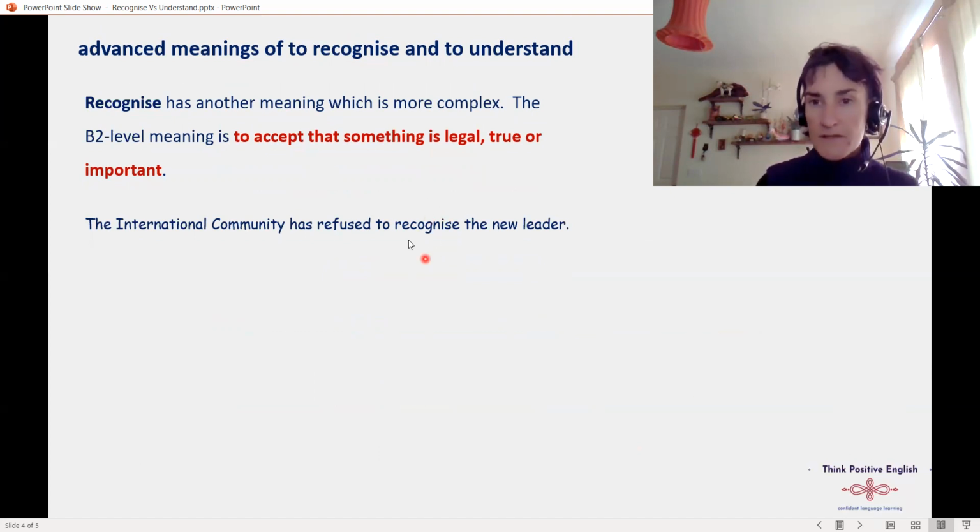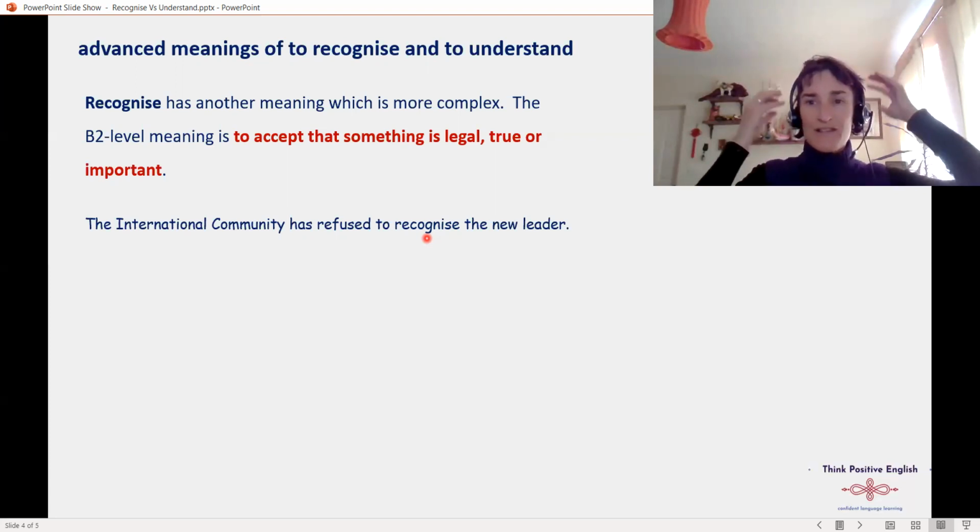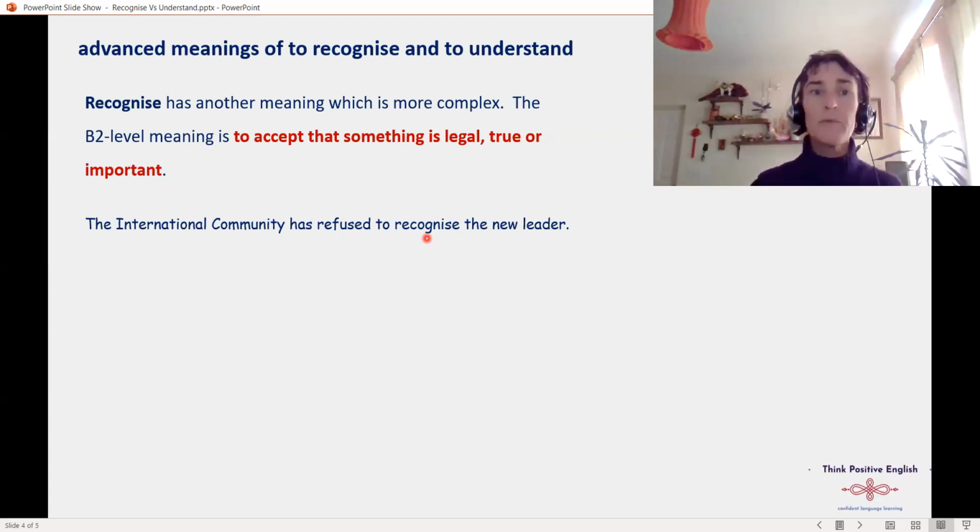Now, in this sentence, it doesn't mean that the international community see the new leader and they can't match the new leader to existing information. It means that they will not accept that this new leader is legal. So maybe this leader just took the power for themselves. Maybe there were no elections, but whatever the reason, the international community does not like this new leader and will not believe that they are legal.